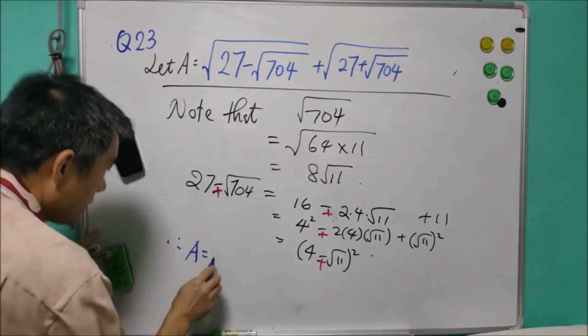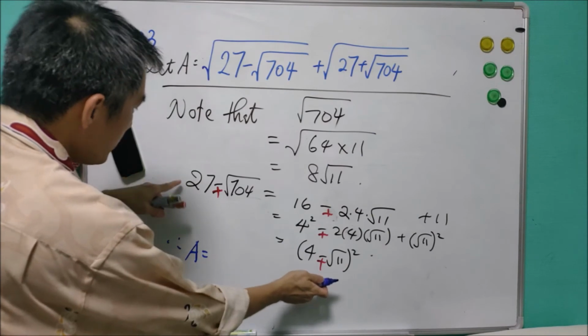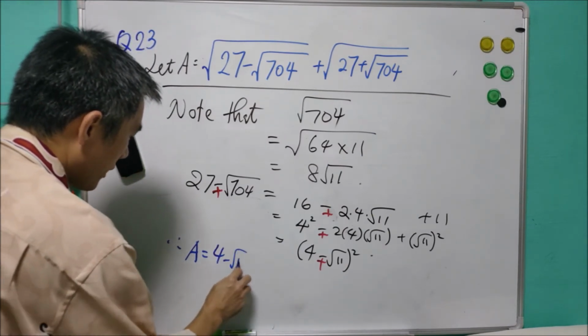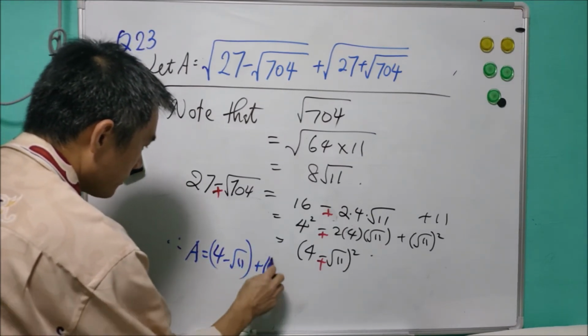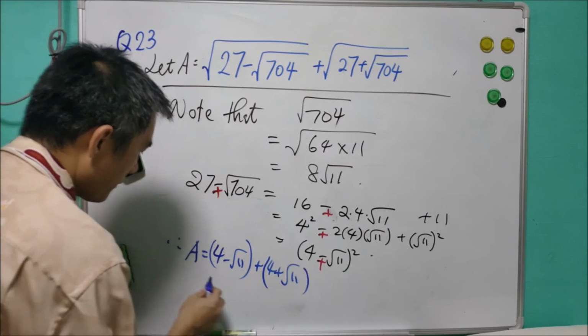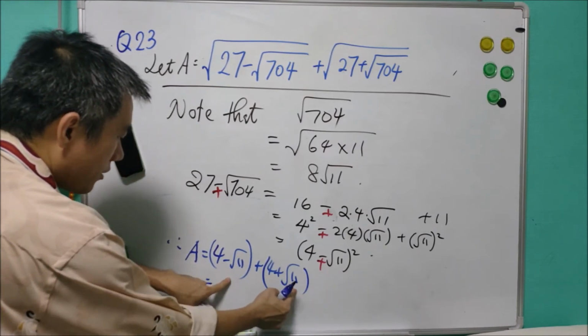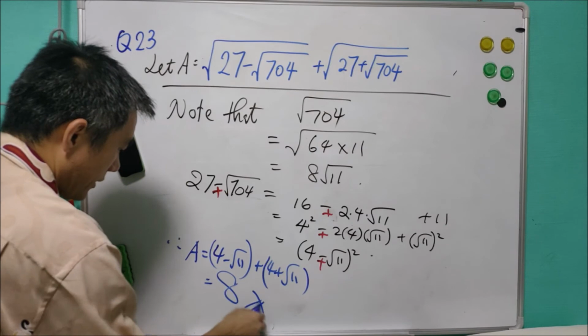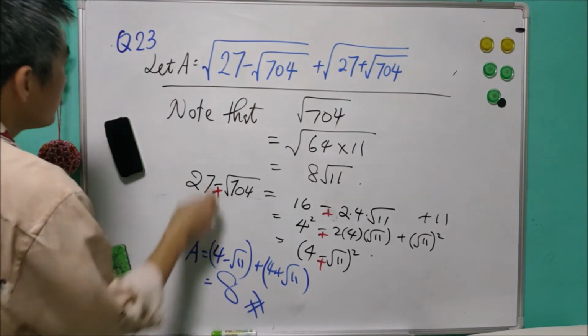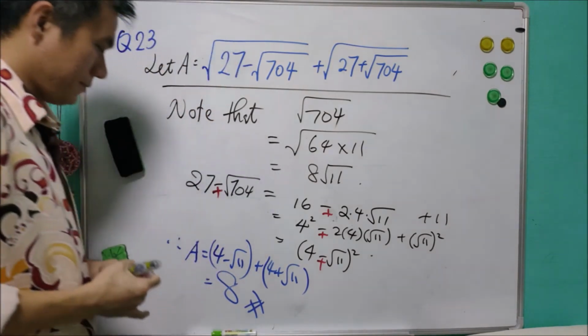Therefore, a equals square root of this, so it's 4 minus square root 11 plus 4 plus square root of 11, and square root 11 will cancel off. The answer is 8. Again, you get 8 for question 23. This is method 2.